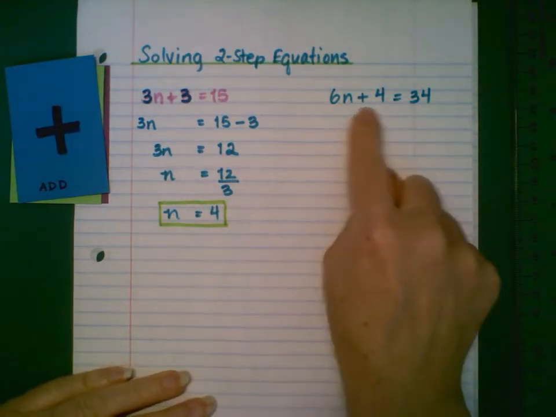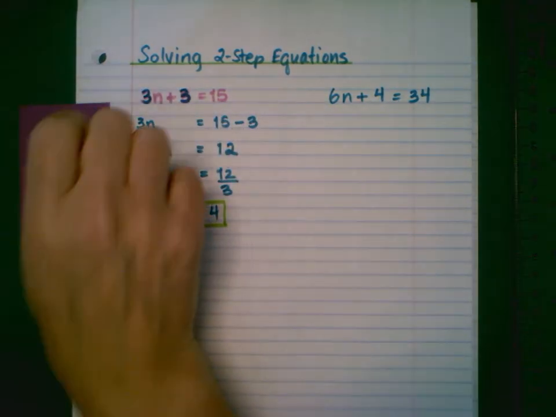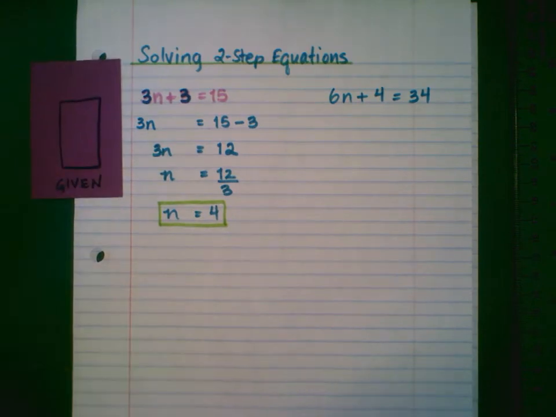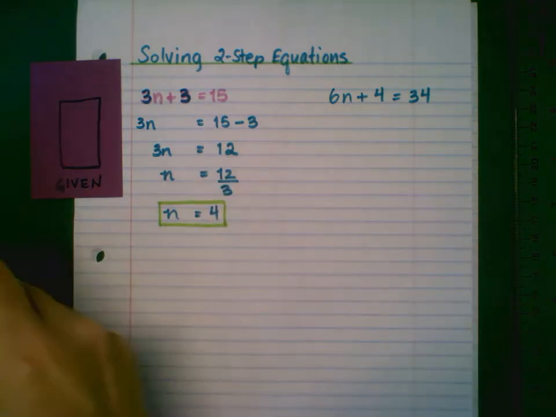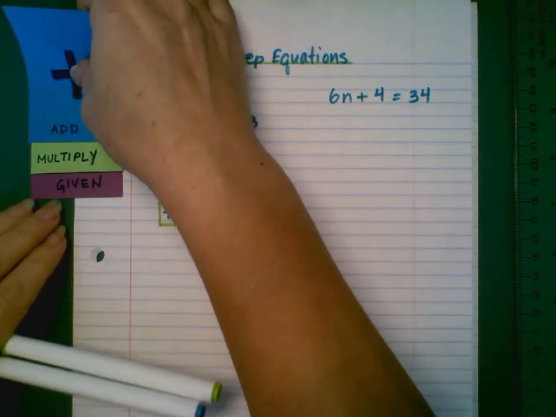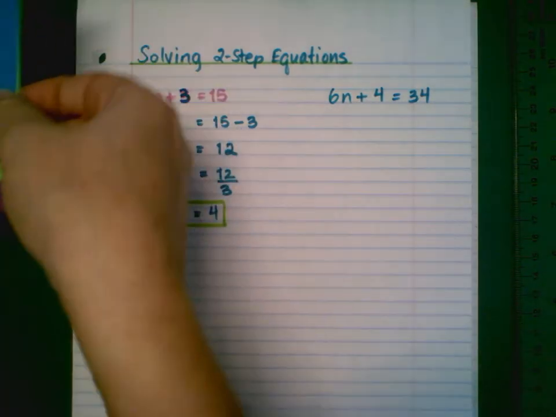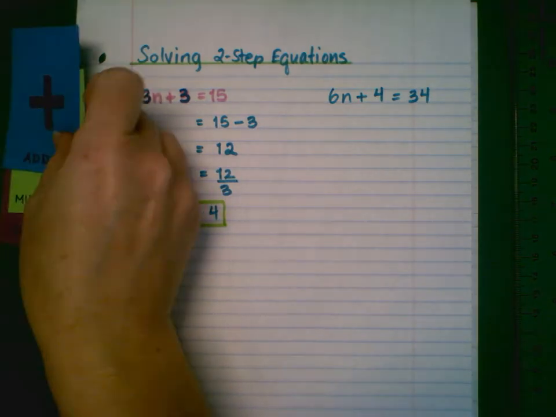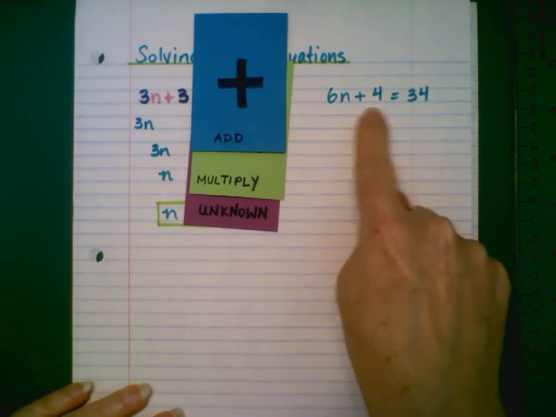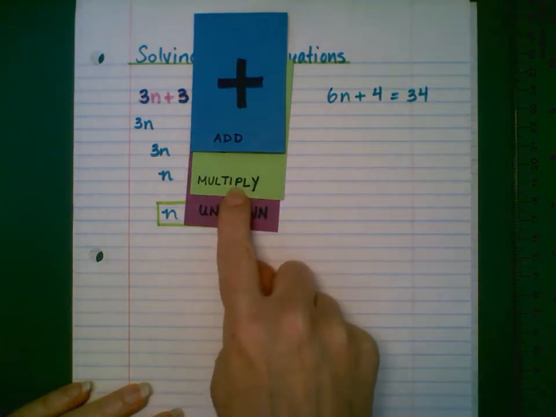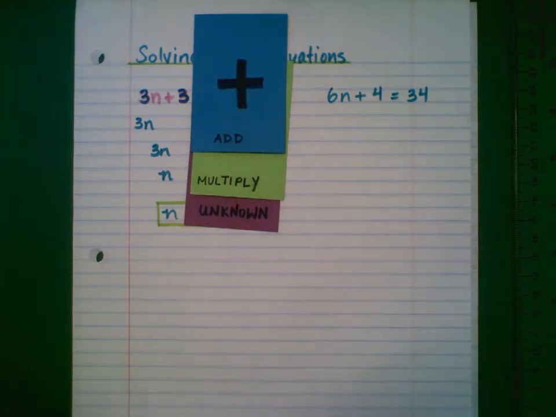Again, looking at the priority of operations, if I knew what the value of n was, then I would multiply it by 6, and then I would add the 4. In this case, I don't know the value of n, so I'm going to flip that card over. It's actually an unknown, like this. So the shape of this equation is I've got an unknown that's been multiplied by 6 and then added to 4, and the result is 34.